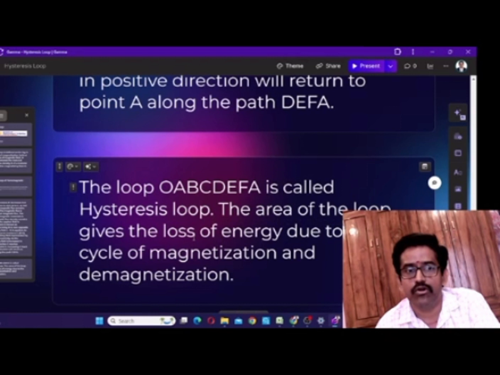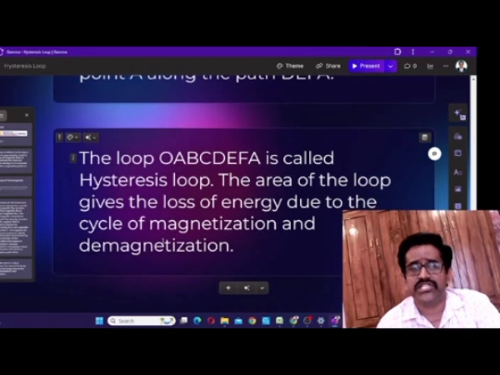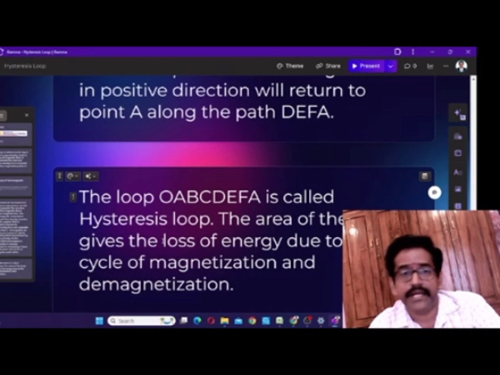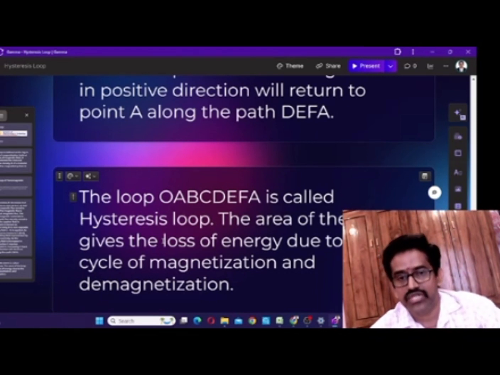The area of the loop gives the loss of energy due to the cycle of magnetization and demagnetization. Hysteresis gives the characterization of the ferromagnetic material, whether it is a soft magnetic material or a hard magnetic material. By using this hysteresis loop, ferromagnetic material is classified into two types: hard magnetic material and soft magnetic material.